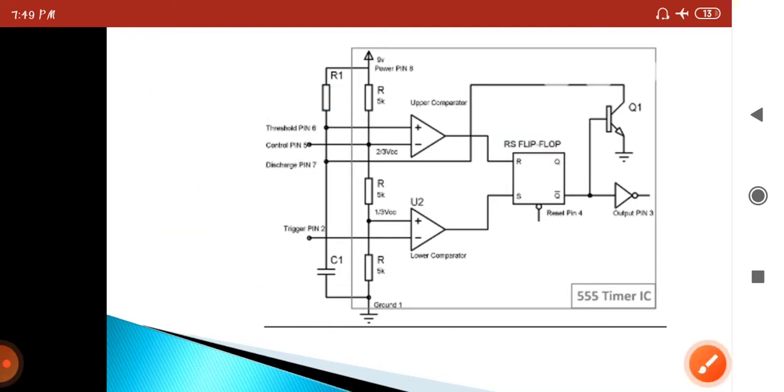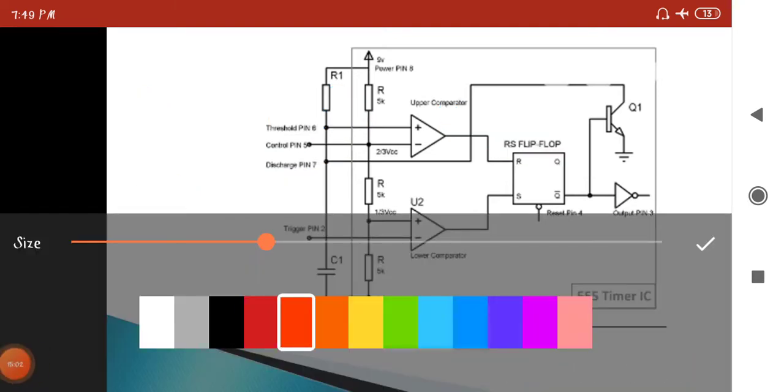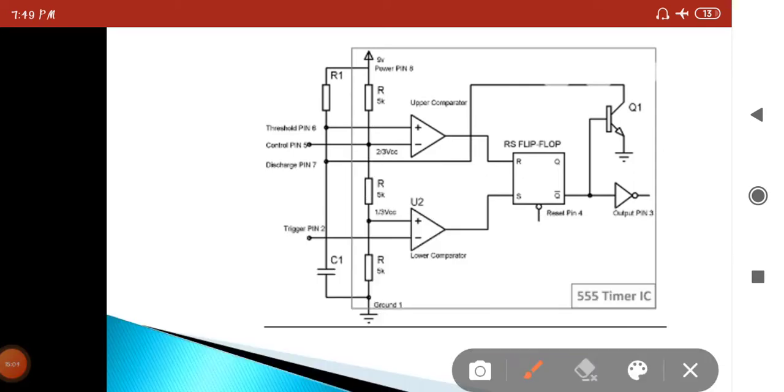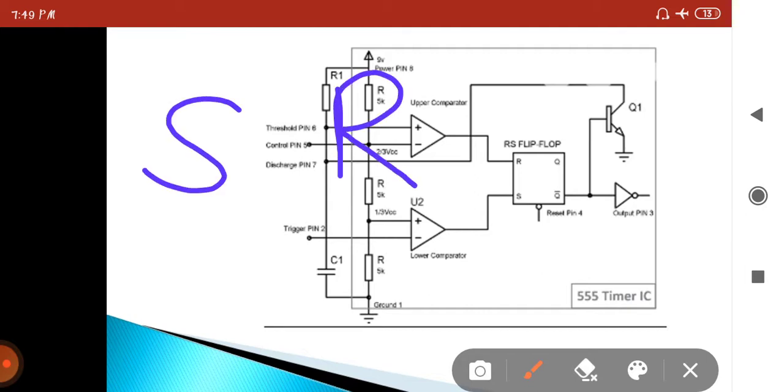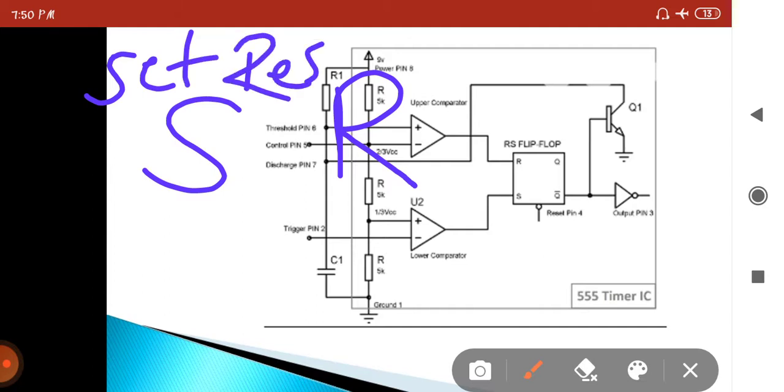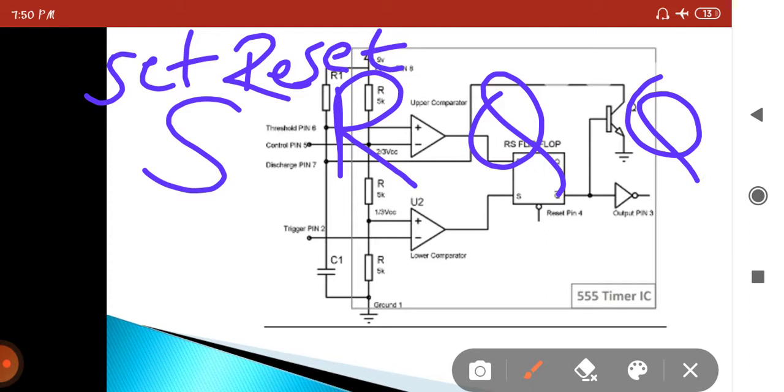The same way you have to study the SR flip-flop truth table. I am going to explain that first. S and R: S is set, R is reset. Q is the output. Q bar is the reverse of the output.